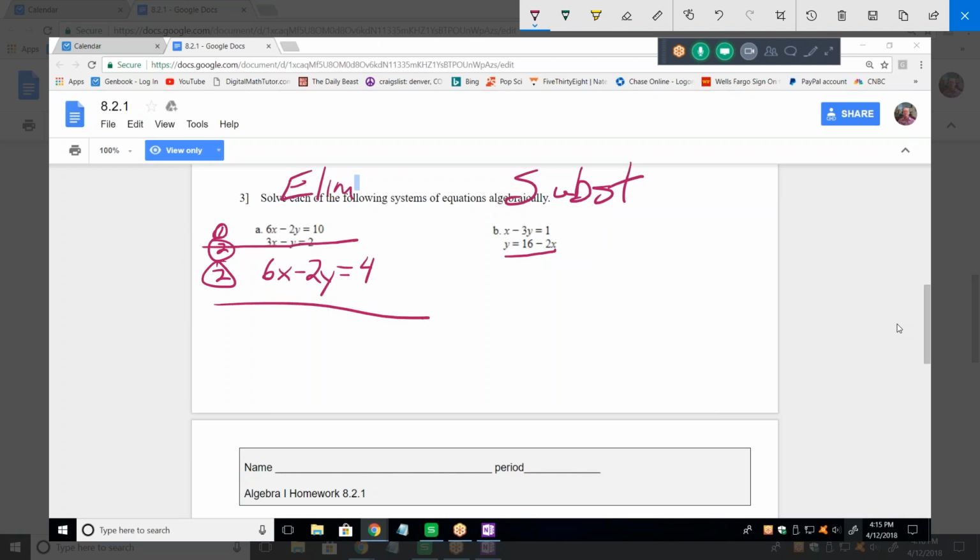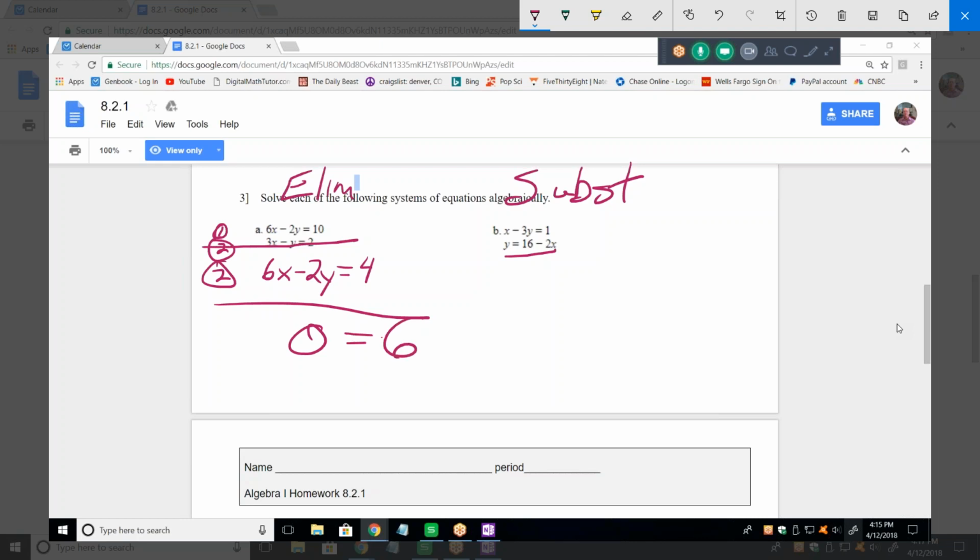Now, how can we eliminate stuff? We could eliminate two things. We could eliminate the x's and the y's. By doing what? By subtracting. Always be wary when you can eliminate two things, because we're only trying to eliminate one variable. If we eliminate both variables, we're going to get 0. I've got to subtract the two numbers.